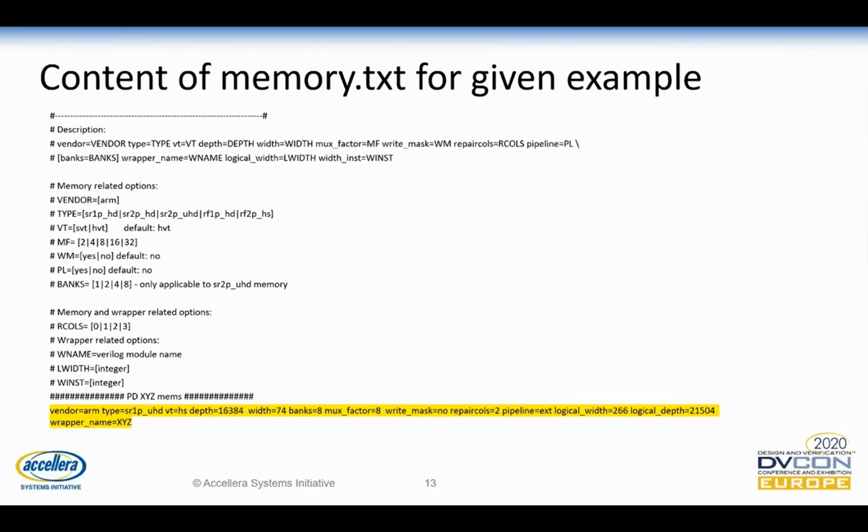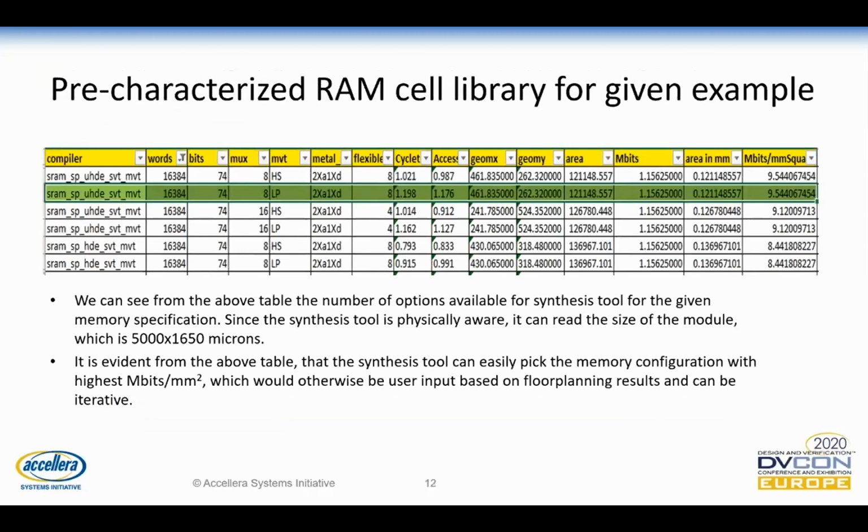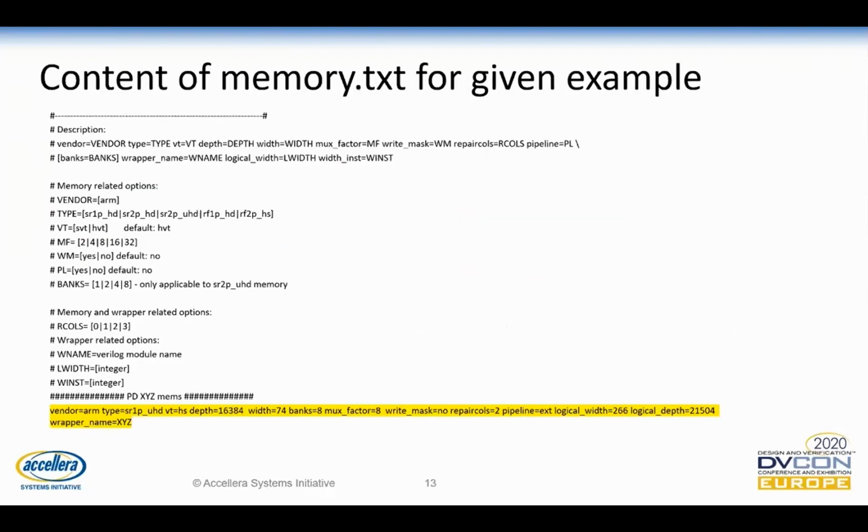Now, if you see the one highlighted in yellow here, the physical depth is 16,384, width is 74, banks 8, mux factor 8, and number of repair columns is 2, pipeline is external, logical width is 266, and logical depth is 21,504. So all these numbers, I took from the pre-characterized RAM cell library that we have after memory compilation. So if you see what is there in the green, those numbers are exactly the same as the ones mentioned in the memory.txt file.